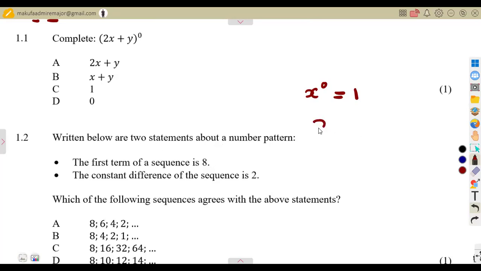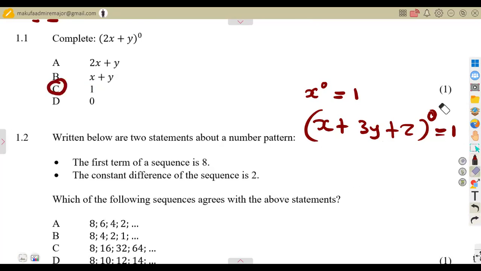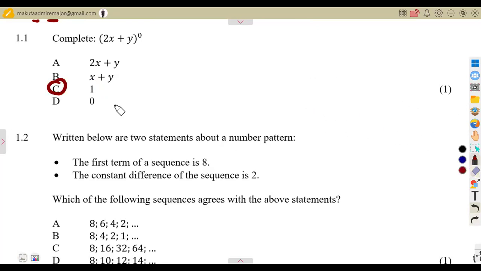So if you're given a bracket, whether this is (3y + z), everything, as long as it's inside the bracket, you're also supposed to obtain a 1. So the one that we need in this case is on C. So we are going to circle the letter C. All right, so that is what you're given.